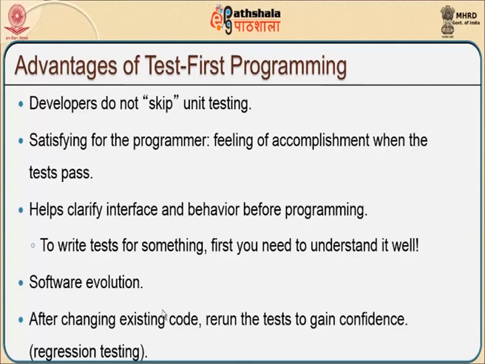So, satisfying the programmer, we feel the accomplishment of the test passing at this unit level, and the same has been approved by the test engineer himself. This helps us clarify the interface and behavior before we understand the complete programming.